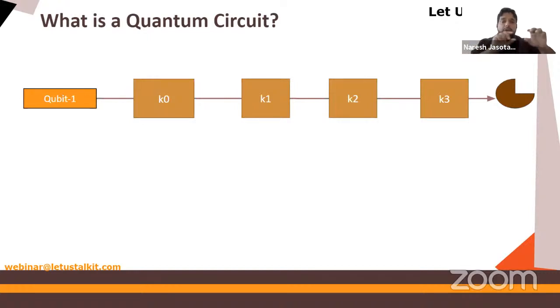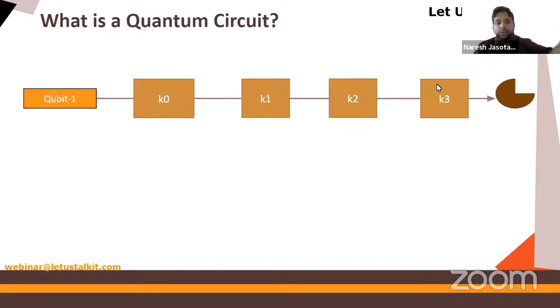Now, before the coin comes to rest, you can apply a finite quantum of energies via logical computation known as gates. And these represent gates, K0, K1, K2, and K3.